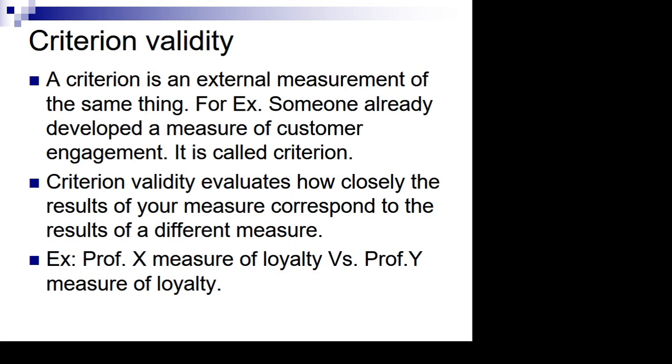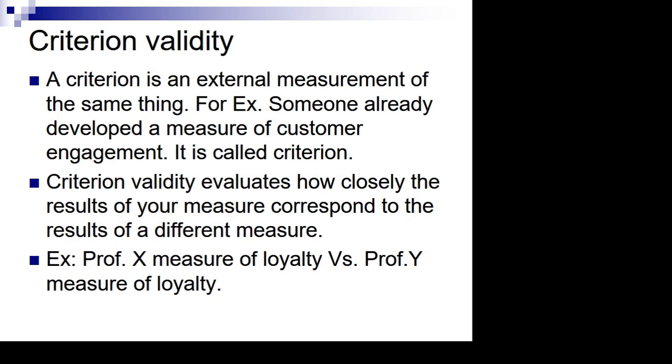So let us say Professor X had developed a scale on customer engagement. Now, this particular scale or measurement should be treated as a criterion measurement. And now this validity evaluates how closely the results of your scale or your measurement correspond to the results of somebody's measurement.